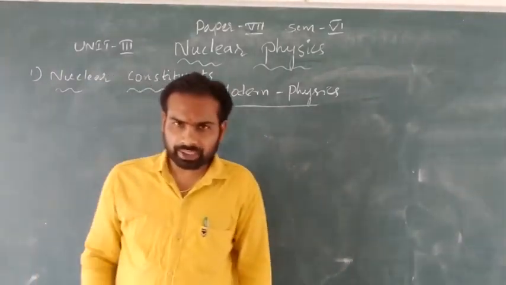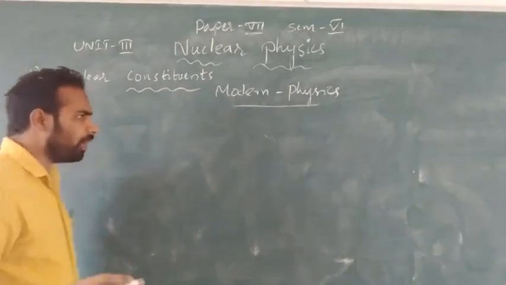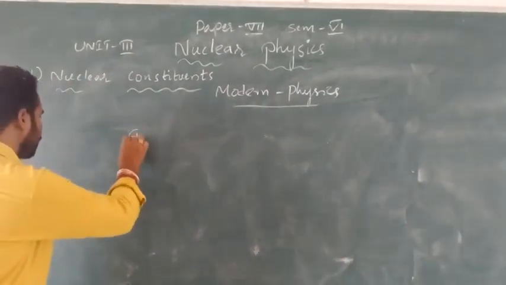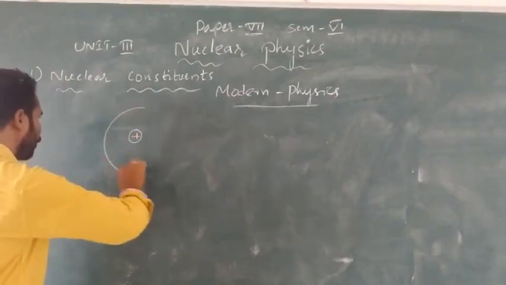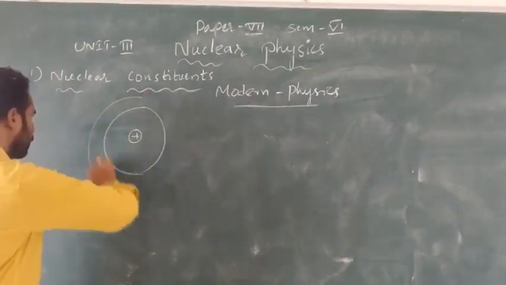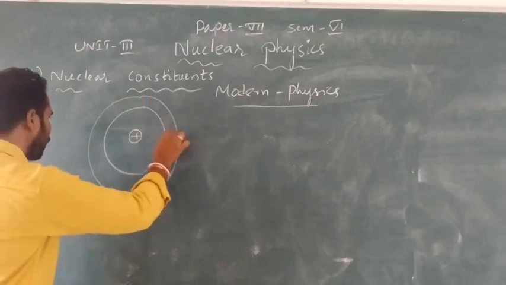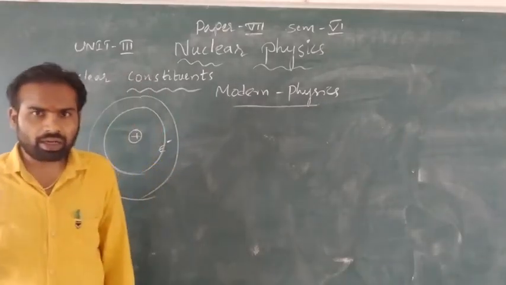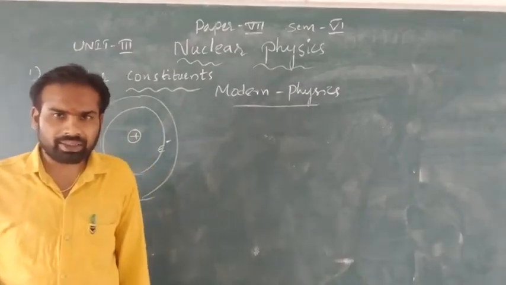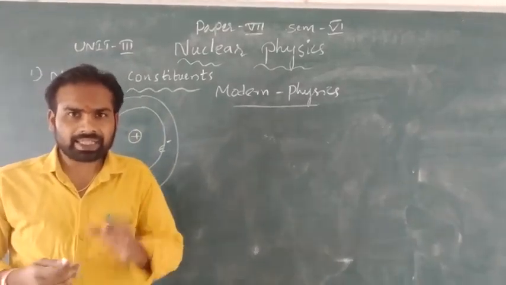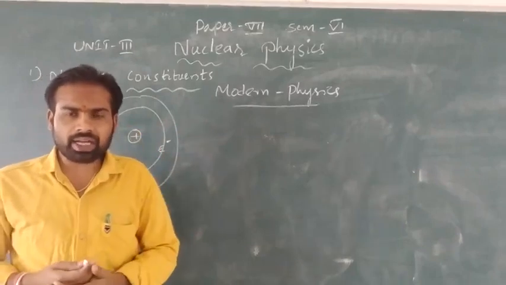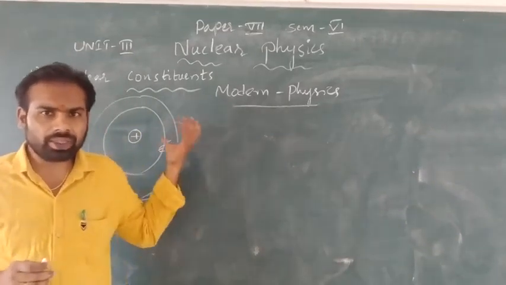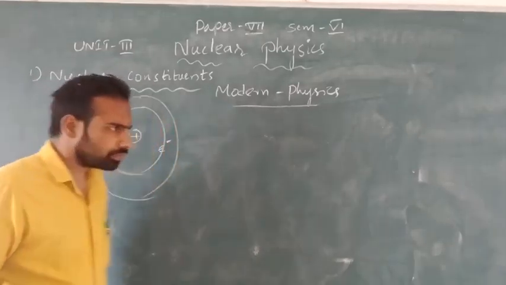We know that the Rutherford alpha scattering experiment concluded that the atom consists of a central core, the nucleus, which is positively charged, and around it some electrons revolve around the nucleus.